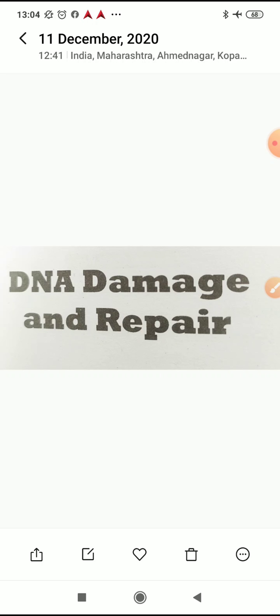So DNA repair is a collection of processes by which a cell identifies and corrects damage to DNA molecules that encode its genome.